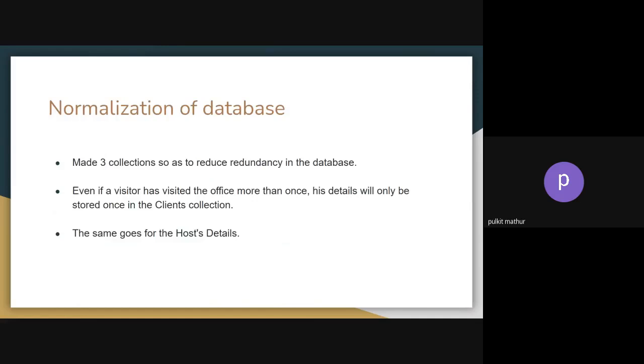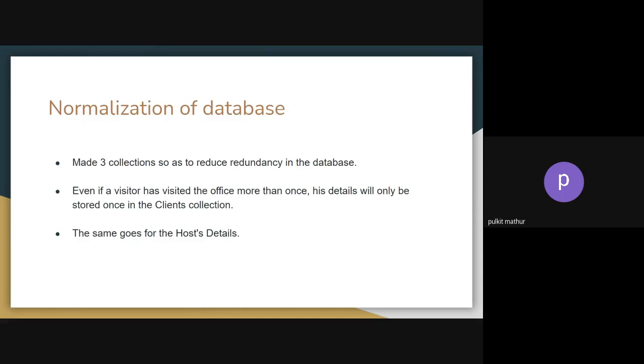Now, why did I create three collections? This was to reduce redundancy in our database, and reducing redundancy is also called normalization. If I had created only a single table, there would have been more redundancy because we would have to store the data again and again. If the same user checks in again, we have to store the new data in a new tuple.